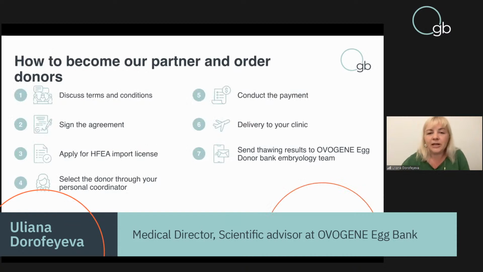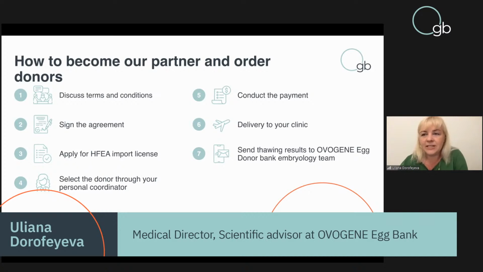In order to become our partner and order donor materials, we need to meet, and online it is very easy right now, but we are also happy to welcome you into our facilities in Ukraine to check with your own eyes and meet in person. After learning all terms and conditions, we sign the agreement.